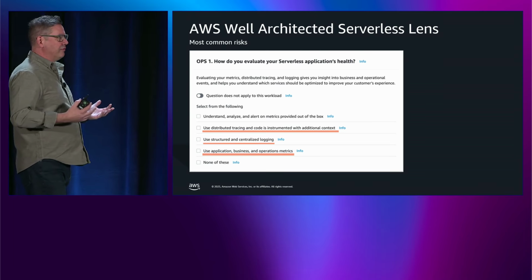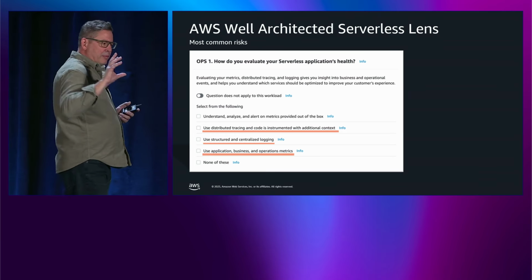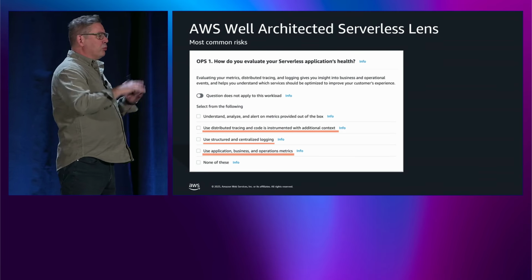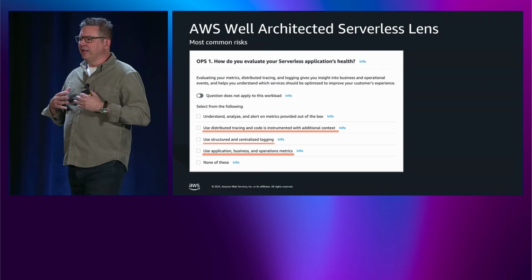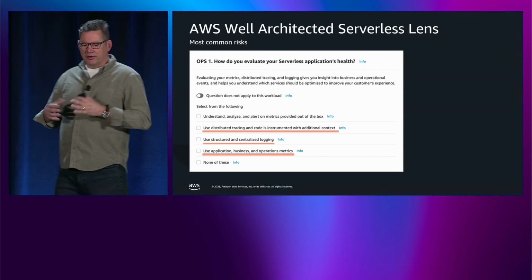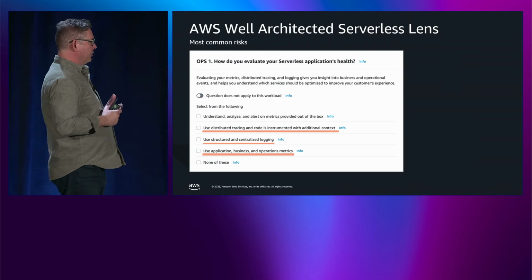Giving you advice around not just trying to measure the nuts and bolts, or the mechanics, of how an application fits together, but also understanding its behavior, and providing advice around tracing, distributed tracing, structured logging, and all of those things.